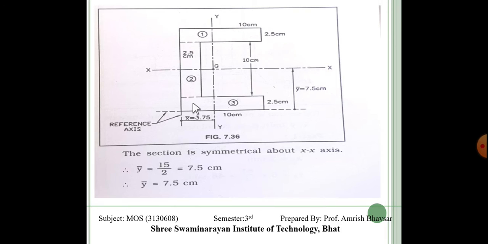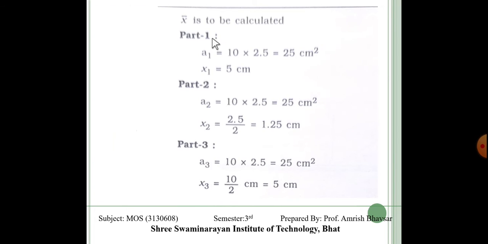So we have to find out x bar. For that, this is our first part, this is second part, and this is third part. Now, part 1, A1, 10 by 2.5. All the areas are the same because 10 by 2.5.